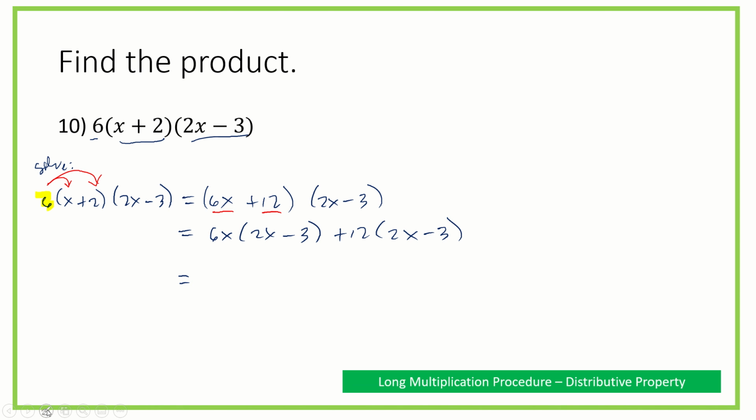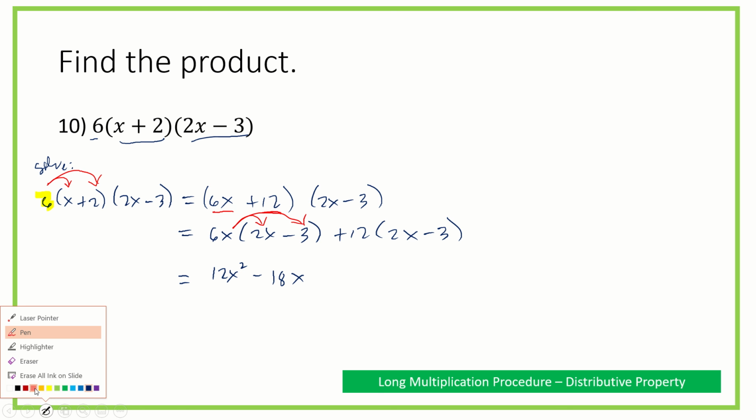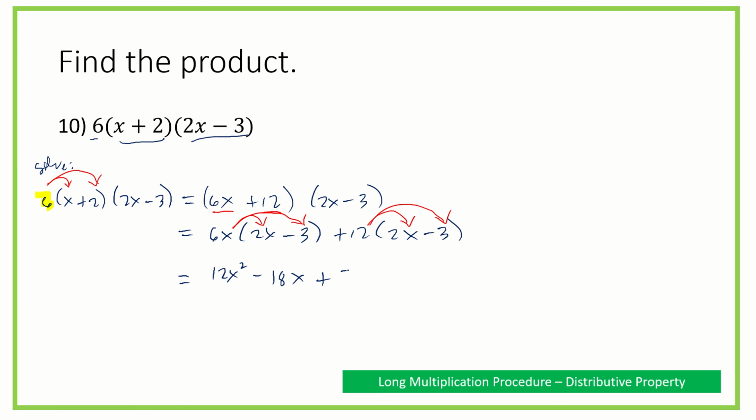And then you just distribute 6x to 2x and 6x times negative 3. So that will become 12x squared. 6x times negative 3 is negative 18x. And then 12 times 2x and 12 times negative 3, that will result to a 24x minus 12 times 3 is 36.